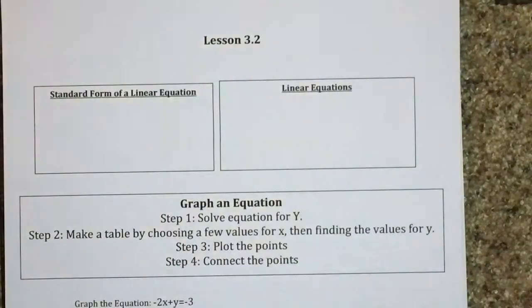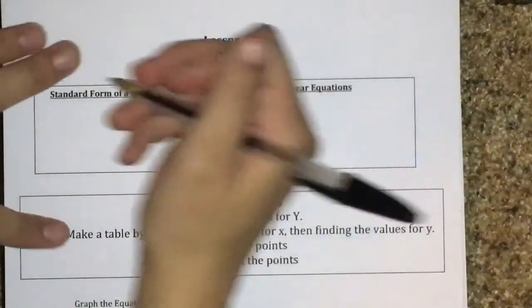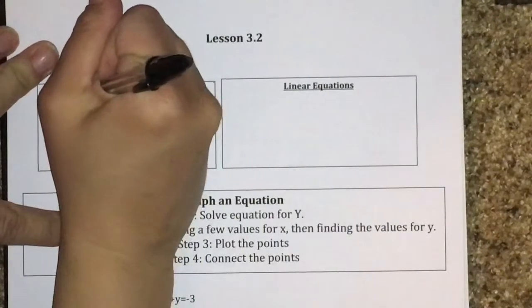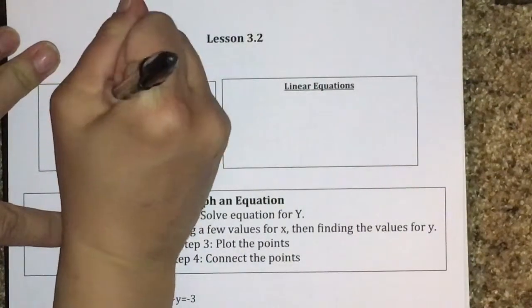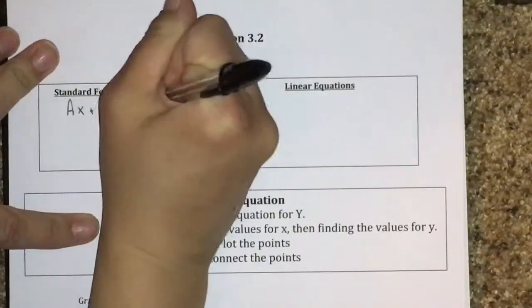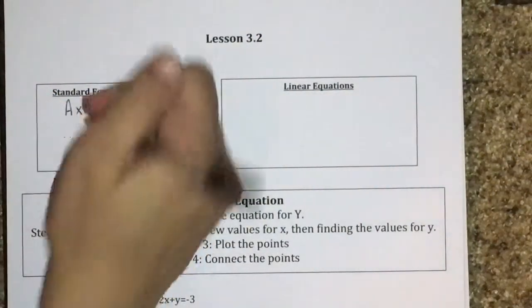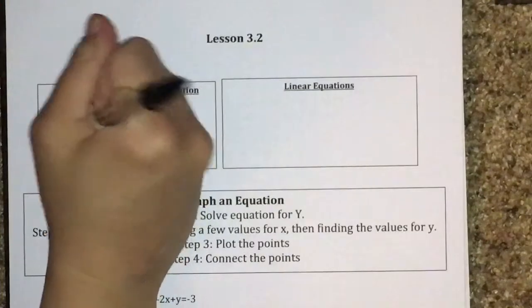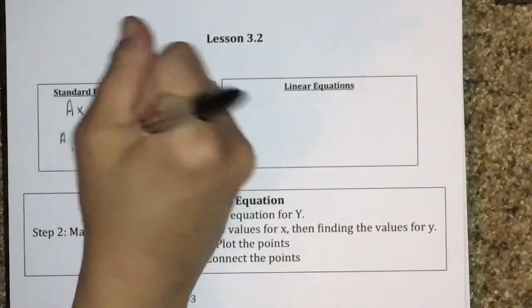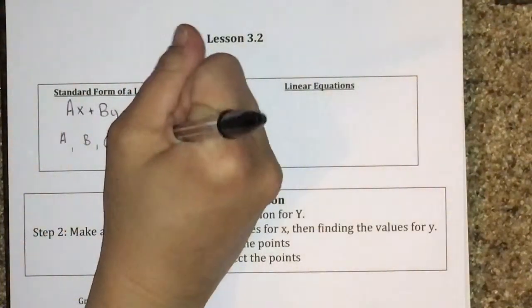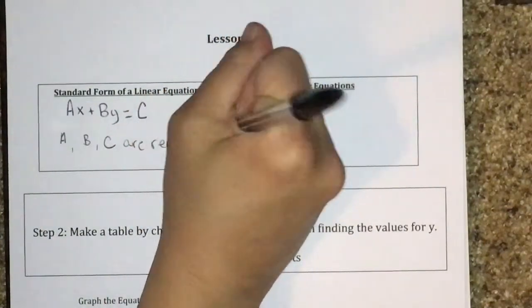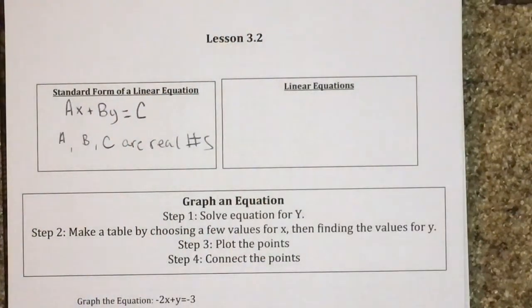On to lesson 3.2. Standard form of a linear equation is always ax plus by equals c, where a, b, and c are real numbers. So any numbers can be a, b, and c.